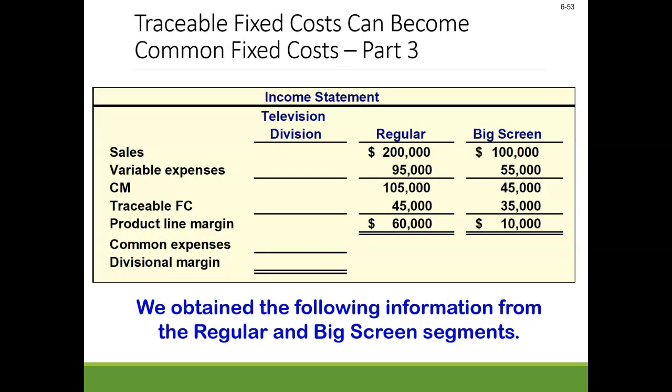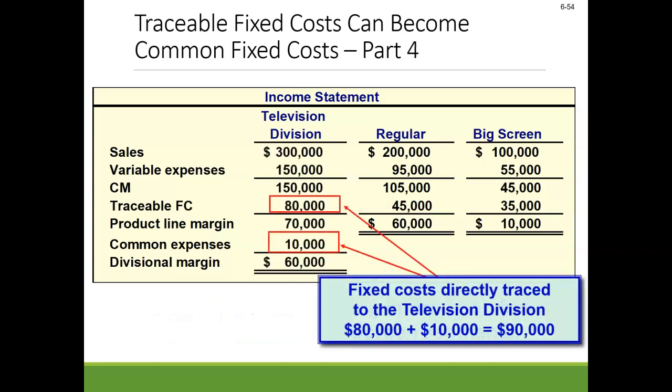So in this particular segment of television, we're now breaking it down even further to see how much profit is being made on the regular TVs versus the big screen TVs.